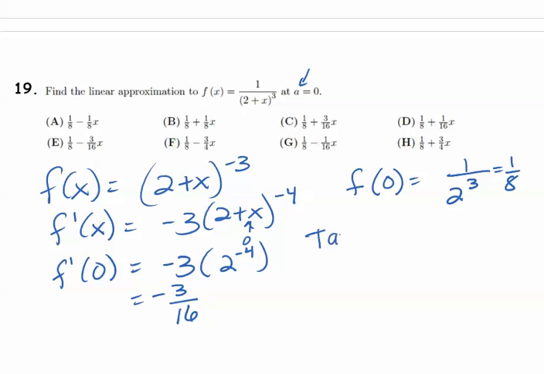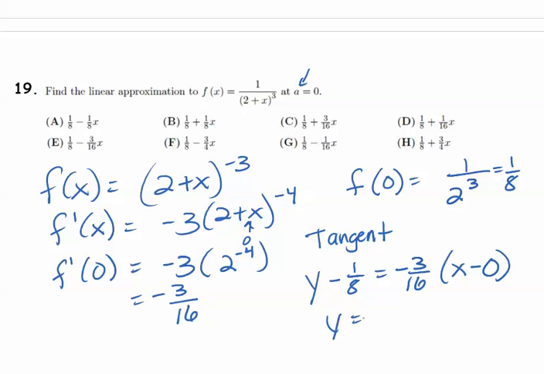So our tangent line here would be y minus 1/8 is equal to our slope times x minus 0. And the form up here is really just coming up with this value.